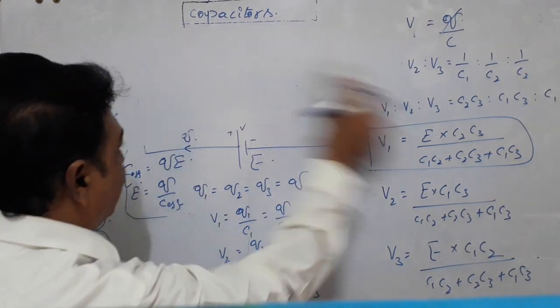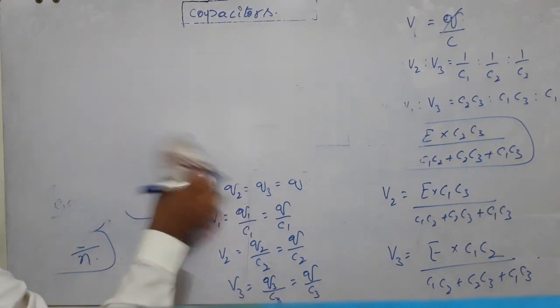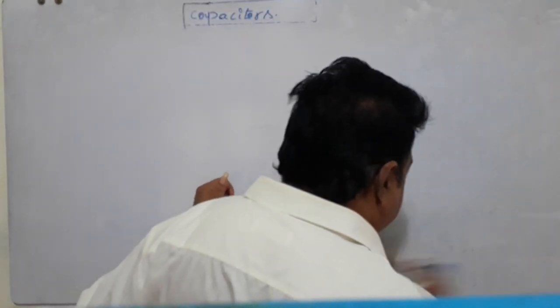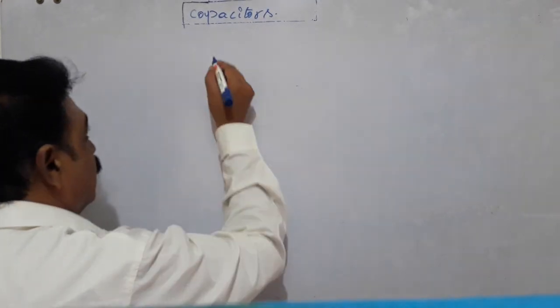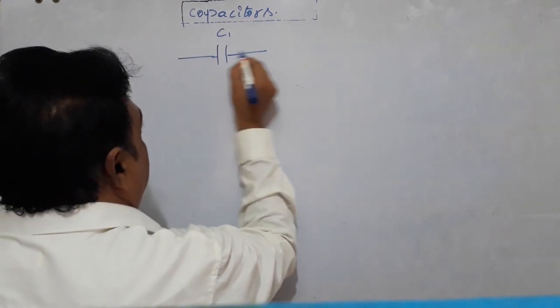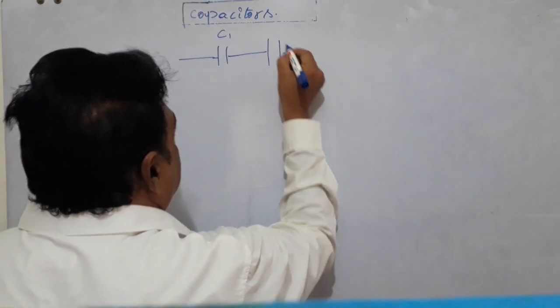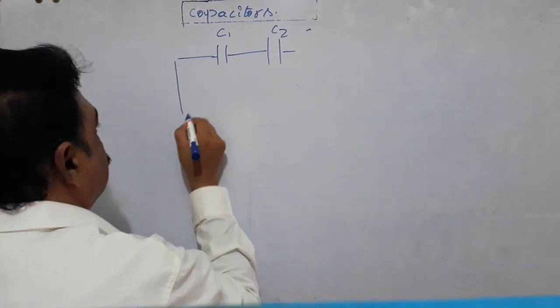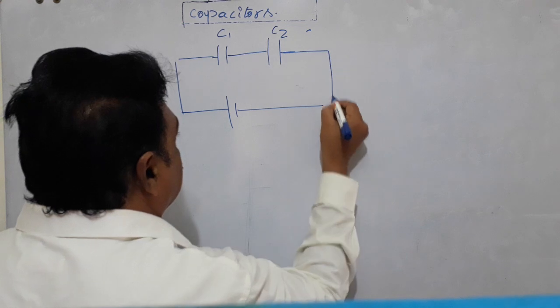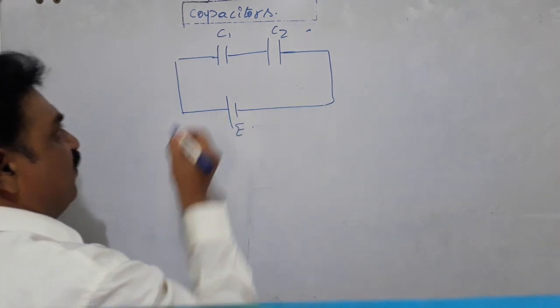in series combination, there are two capacitors connected in series. This is C1 and this is C2, just like this. E is the EMF of this cell.